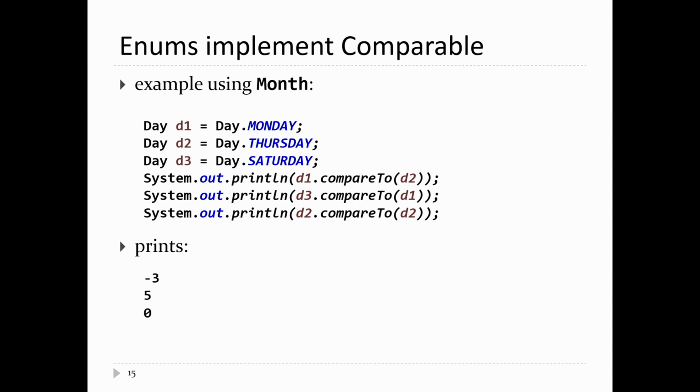So the value that you get back from compareTo tells you the difference in the order of your two objects. Saturday compared to Monday: Saturday is 5 days after Monday, so it returns the number 5. If you compare two equal days, so Thursday to Thursday, you get back 0.